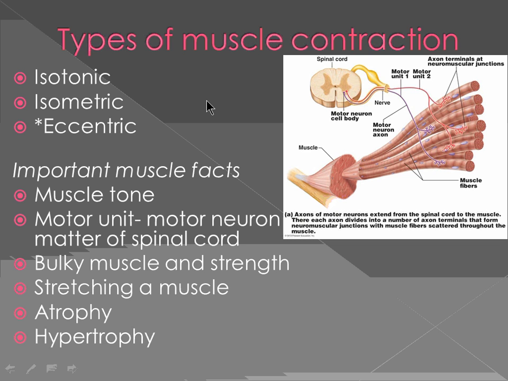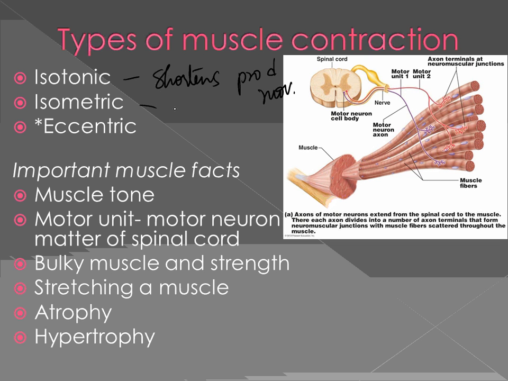Okay, so let's look at types of muscle contraction. Isotonic and isometric are basically two types, and then eccentric is a kind of isotonic contraction. Isotonic contraction is where the muscle contracts and it shortens as well. So it produces a movement.